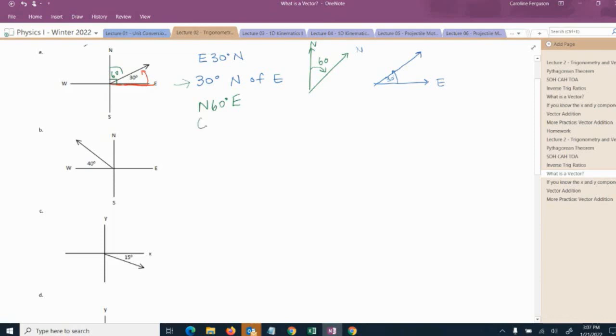Yeah, perfect. So 60 degrees east of north, that's the other option. East 60 degrees north is not right, because it's east 30 north or north 60 east, but not east 60 north.